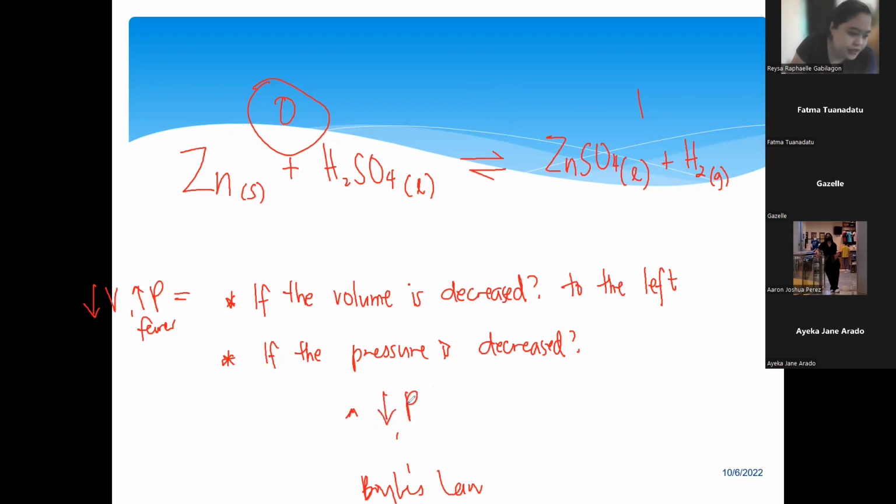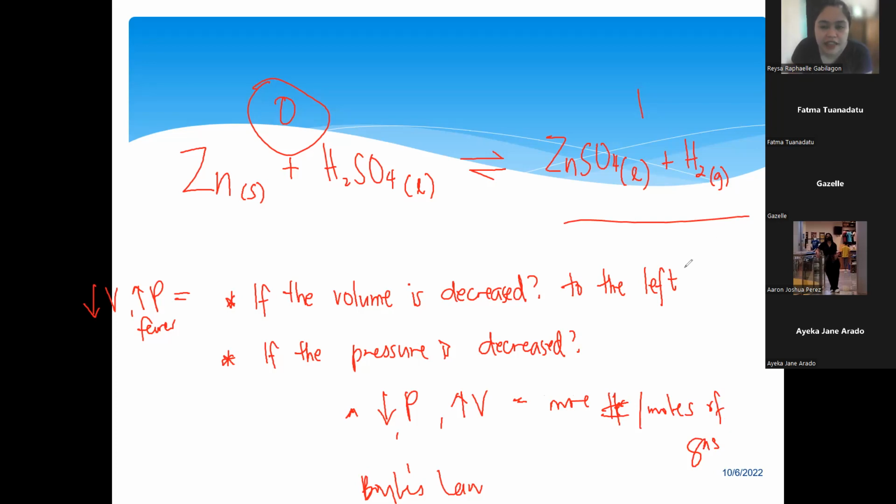If the pressure is decreased, the volume will increase, baliktad naman ito. This will favor the side with more moles of gas. So definitely ito yung side na mas marami ang gas. So to the right siya.